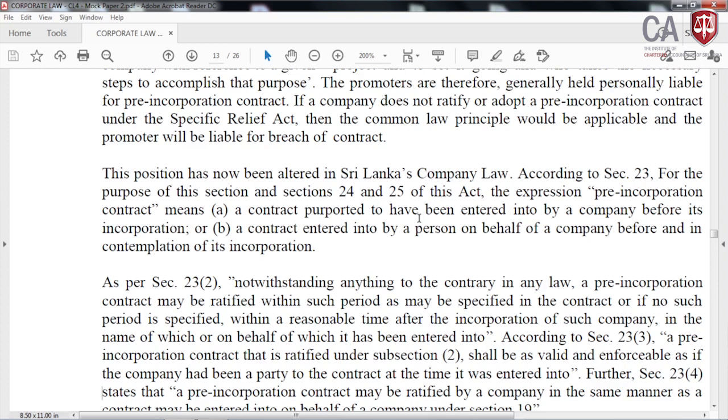Either of these two would fall within the meaning of pre-incorporation contract.